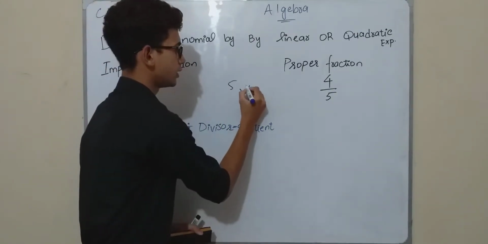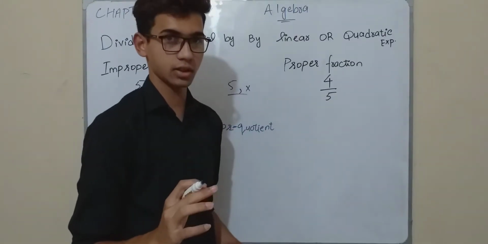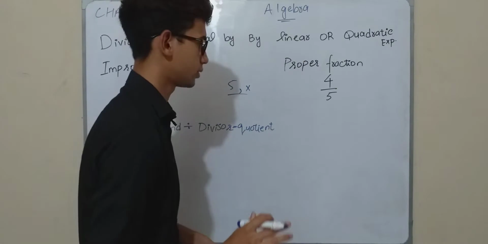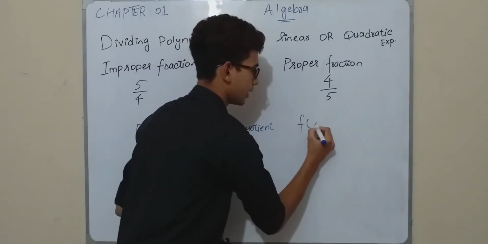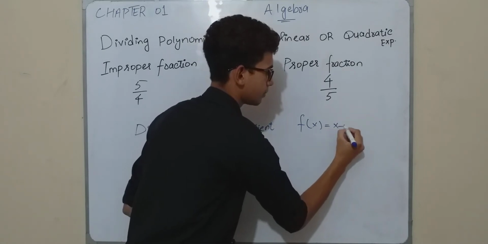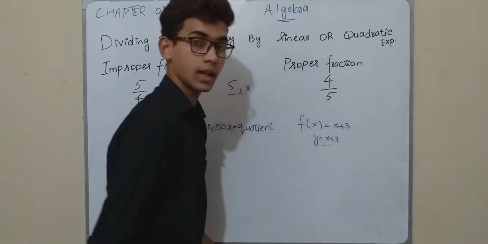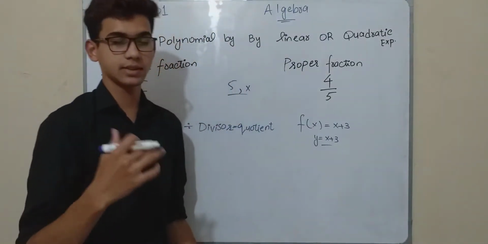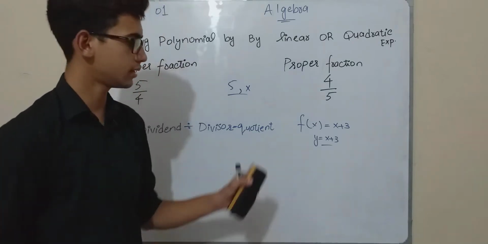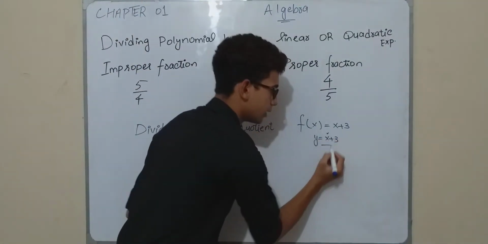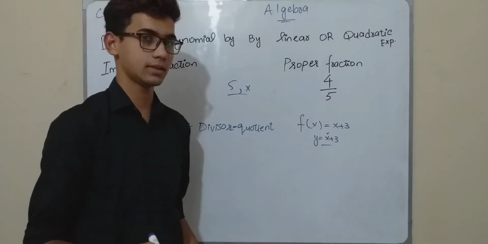But this is x. Suppose you have a linear function. This is not our topic, but just for better understanding, f of x is equal to x plus 3, or y is equal to x plus 3. This is a linear function and it will give you a straight line graph. If you have this variable, you will not change the constant. The constant will remain as it is.